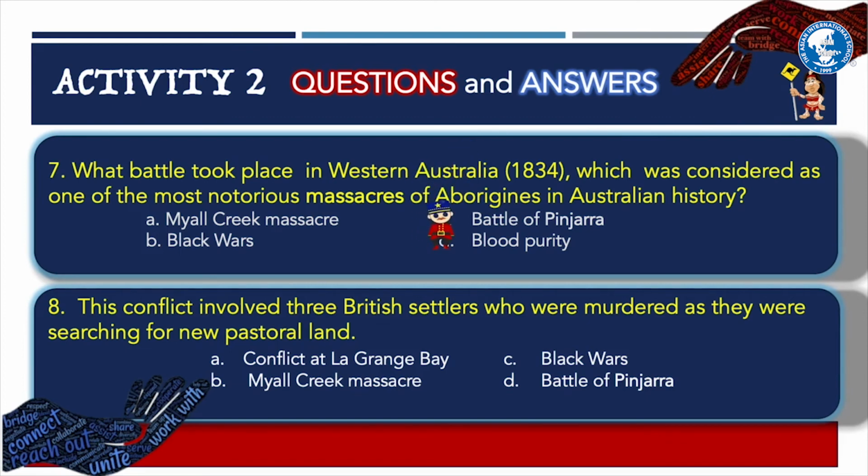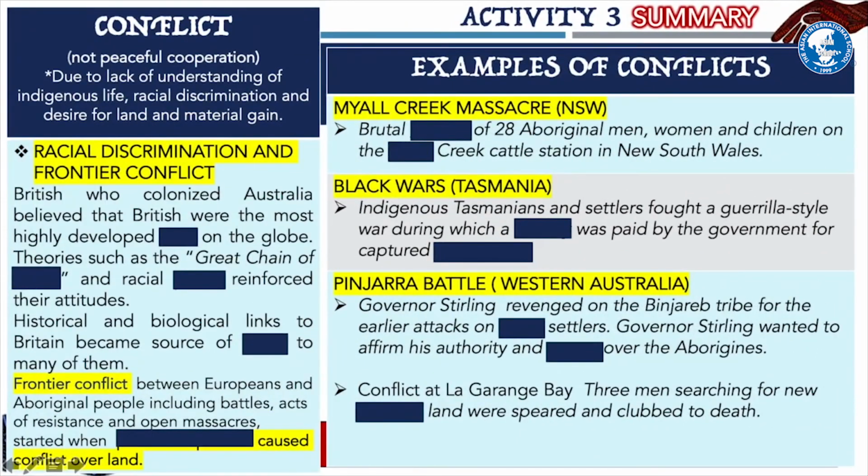This conflict involved 3 British settlers who were murdered as they were searching for new pastoral land. And the answer? Letter A. Conflict at Lagrange Bay. Great job! Now let's move on to our third activity, which is also the summary of our lesson.